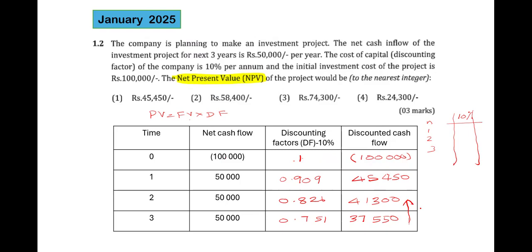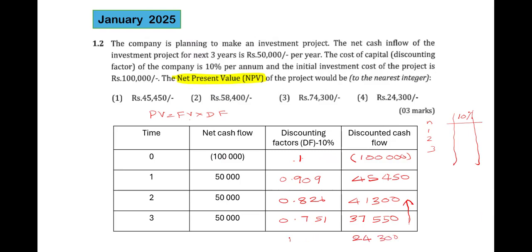Then find the answer. 37,550 plus 41,300 plus 45,450, subtract 100,000 equals. The answer is 24,300.